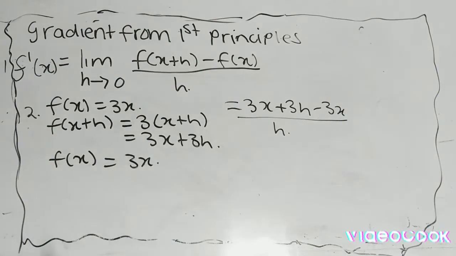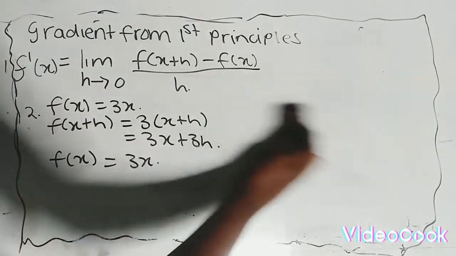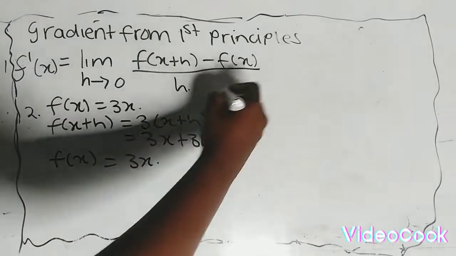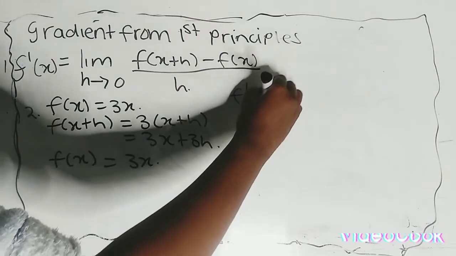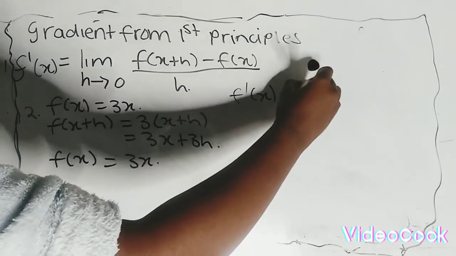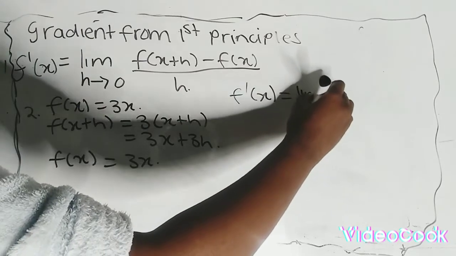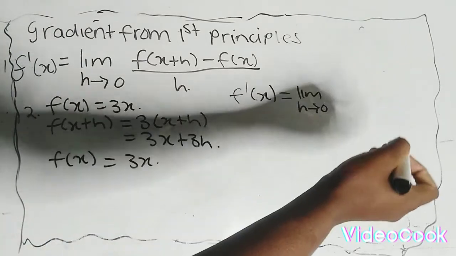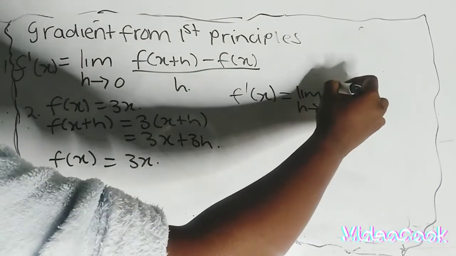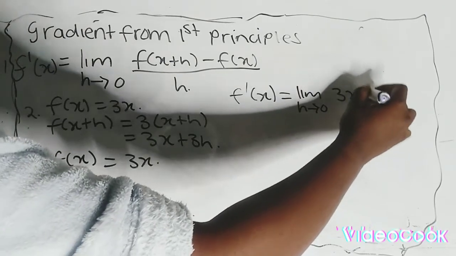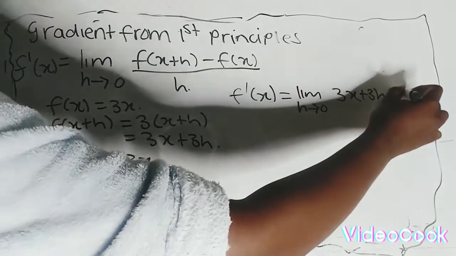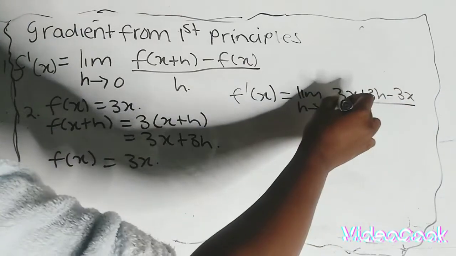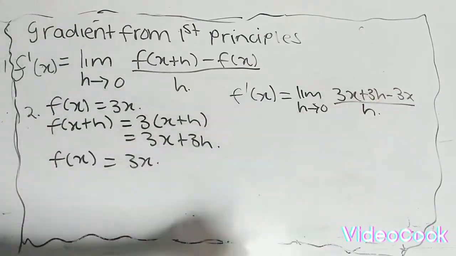We must always maintain that. So let me do that. So f prime x is equal to lim h to 0 like that, and then I'll write my 3x plus 3h minus 3x all over h, like that.